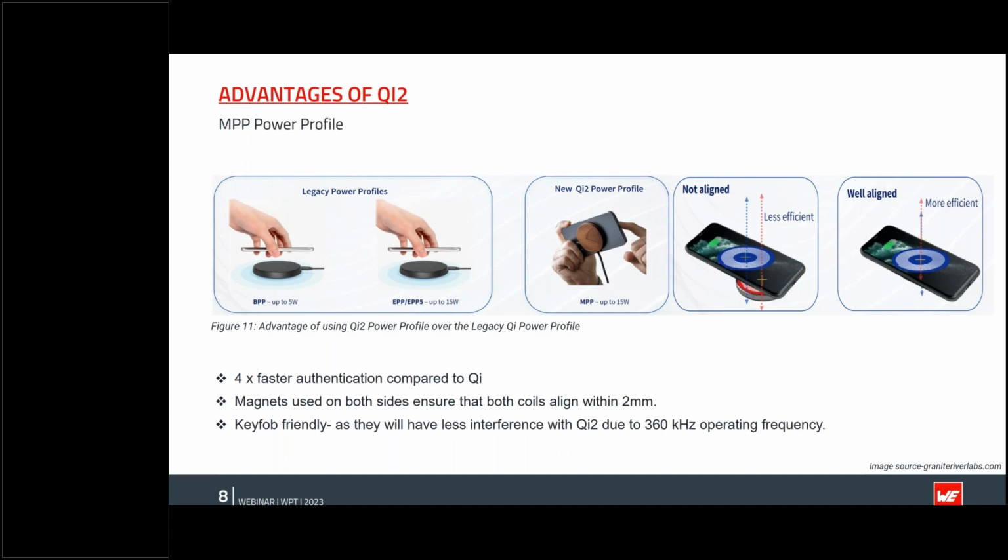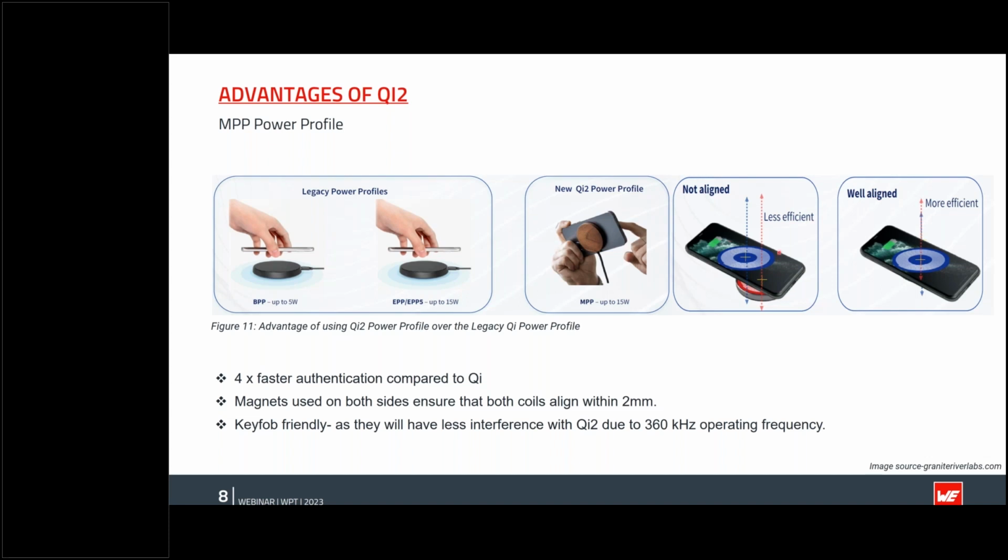And with the new Qi 2 power profile, with these magnets in place, the transmitter holds on to the receiver device or the phone, as you can see in the image, and it helps to align the phone and the charger perfectly onto one another, and this makes it more efficient.